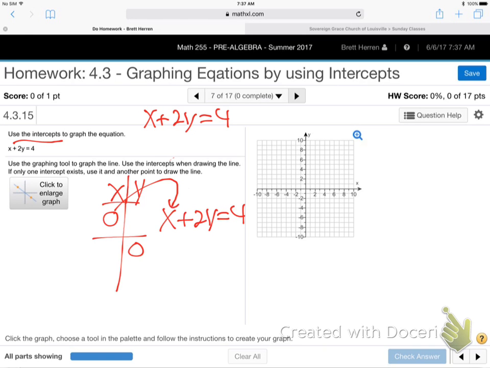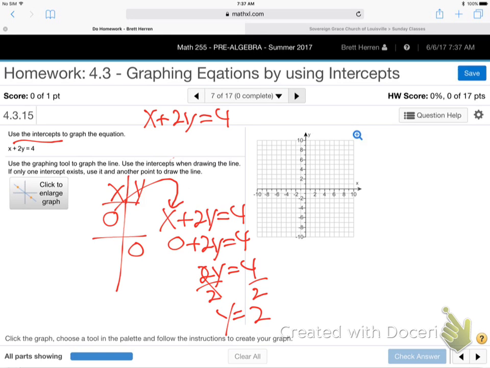So plug in 0 for x. And we get 2y equals 4. Good so far. How do we solve for y there? Divide by 2. You guys are equation solving machines now, as you proved by that last test. y equals 2. This math all builds on itself.